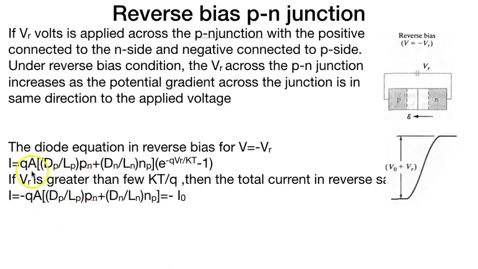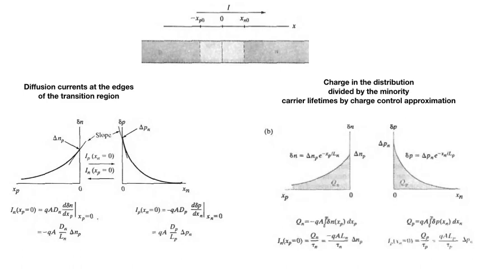I equals QA (Dp/Lp Pn plus Dn/Ln Np) times e to the power minus QVR/KT minus 1. The total reverse current is equal to minus I0.